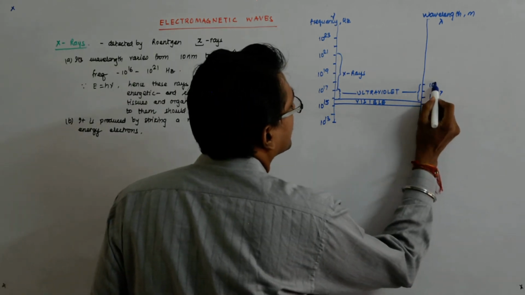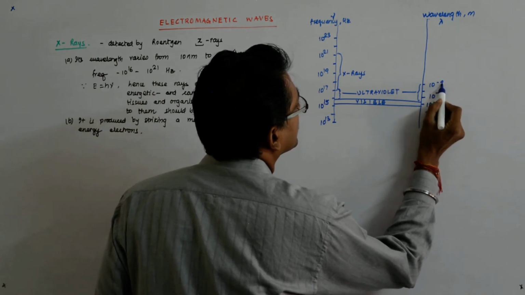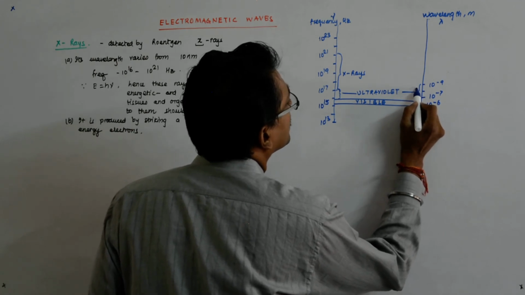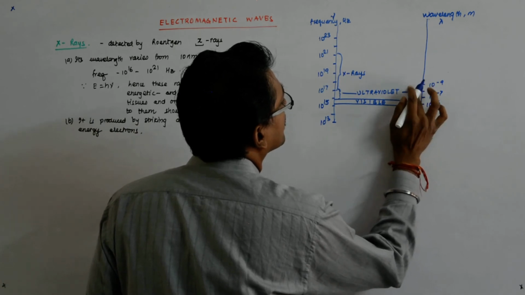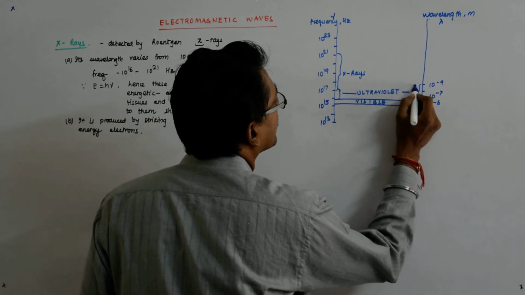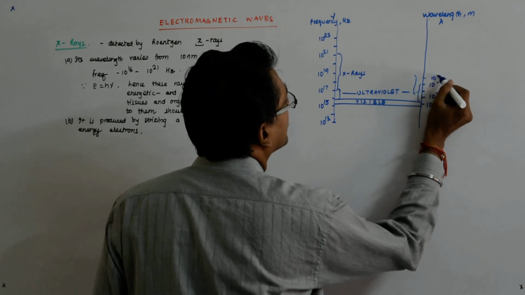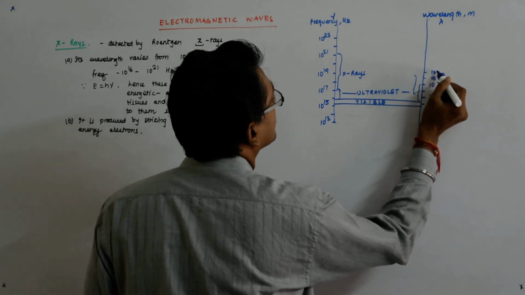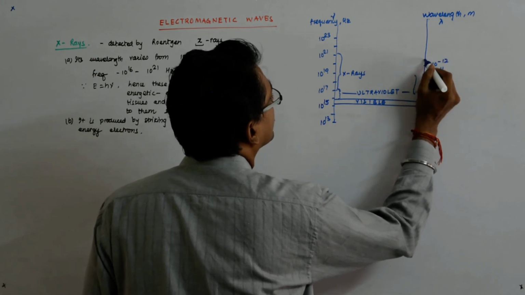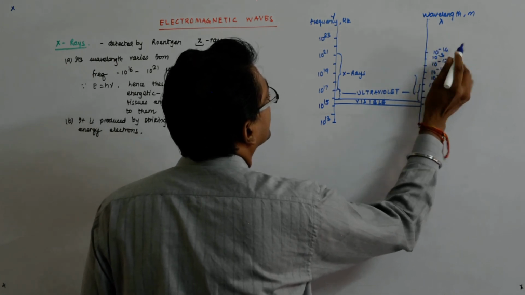This is 10 to the power minus 9, and the X-rays go from somewhere here till 10 to the power minus 10, 10 to the power minus 11, 10 to the power minus 12, 10 to the power minus 13, 10 to the power minus 14.